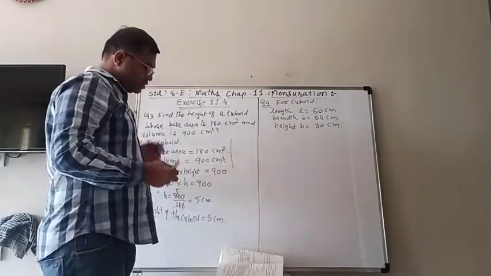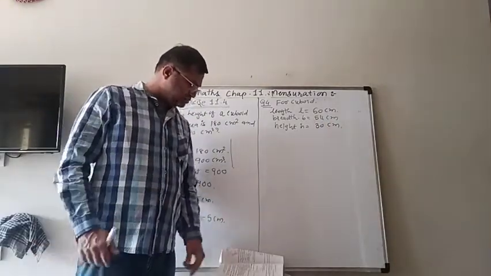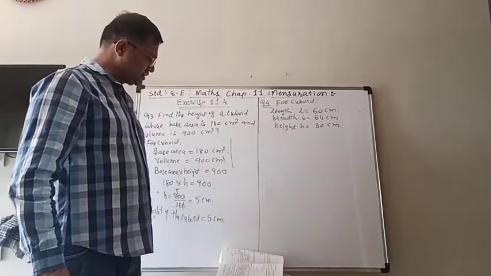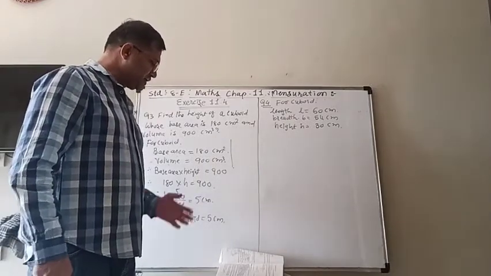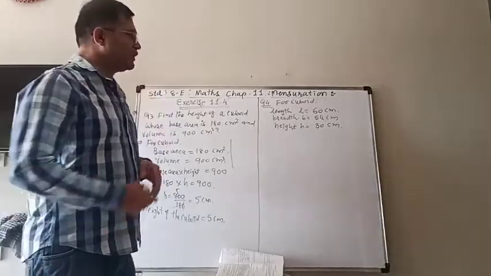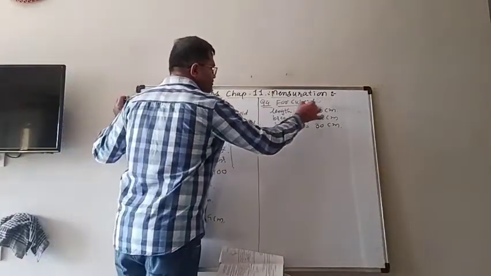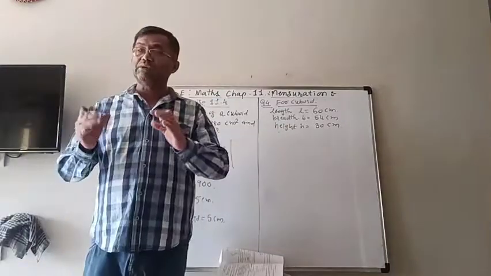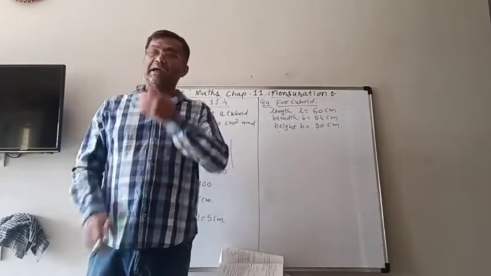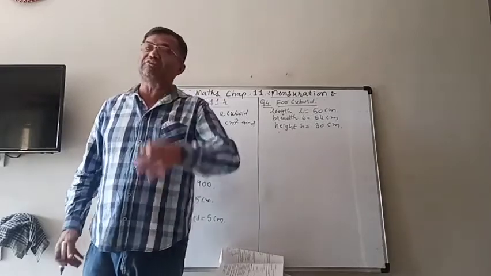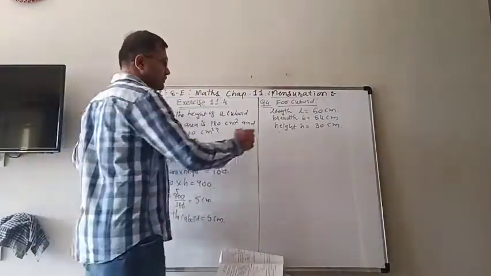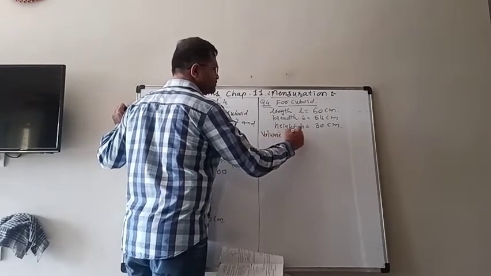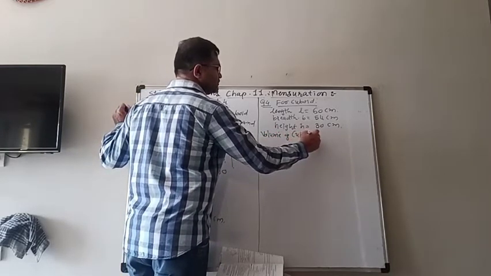Now what we have to find? Let's read: how many small cubes with side 6 centimeter can be placed in the given cuboid. So what we will do? First we will find the volume of the cuboid, then the volume of one cube, and to find the number of cubes we have to divide. So first, volume of cuboid.